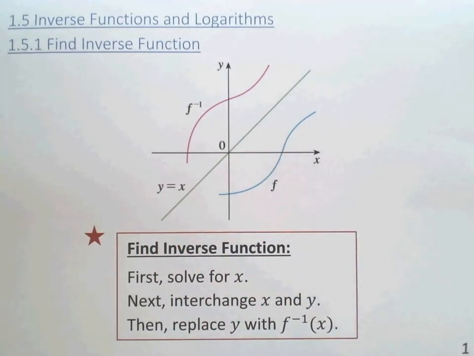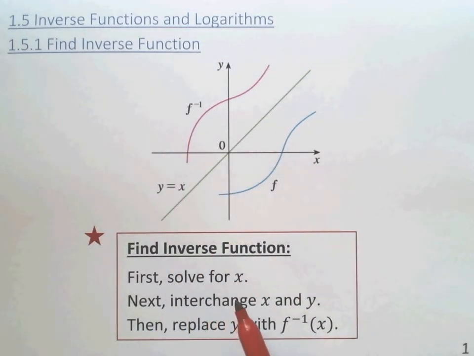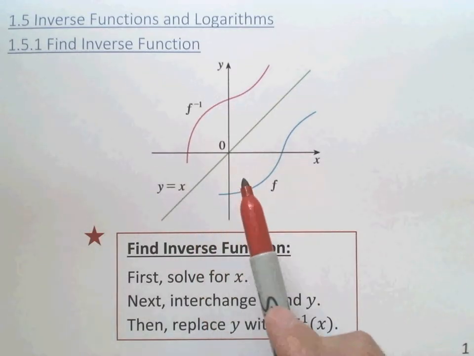Okay, how do we find it the algebraic way? Here are the steps. If we have a function, it is an equation that tells you the relationship between x and y.